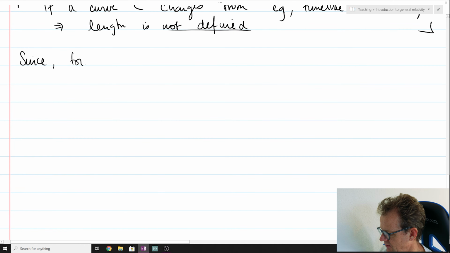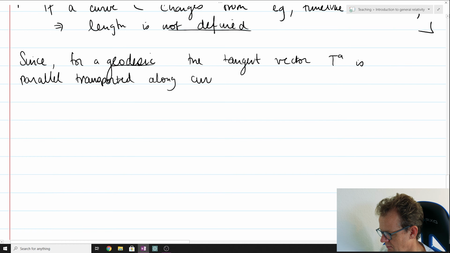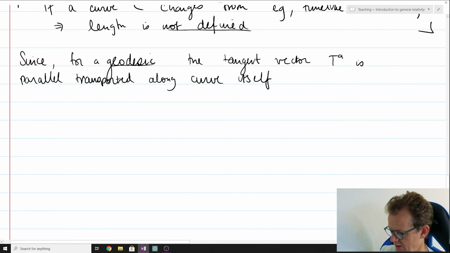But before we quite get to that argument, I want to make some simpler observations. Since for a geodesic the tangent vector to the curve is parallel transported along itself, we learn that its norm can't change.